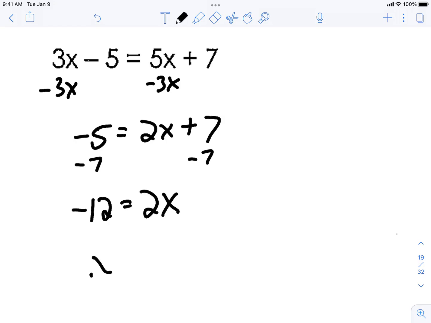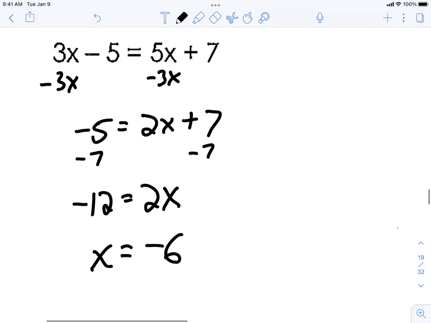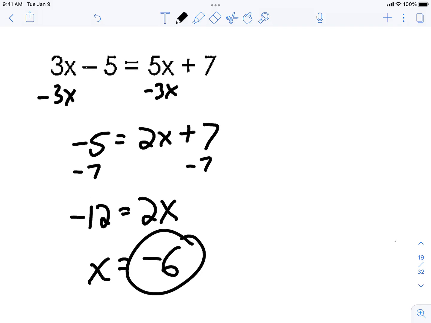And I'm dividing by 2. And I get x equals negative 6. Can always plug that back in for x and see if it works.